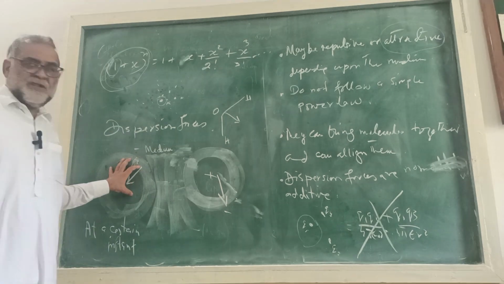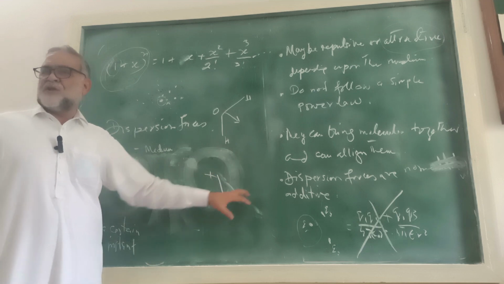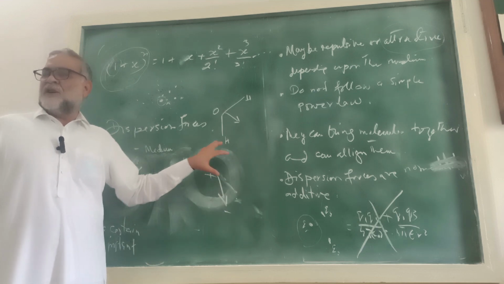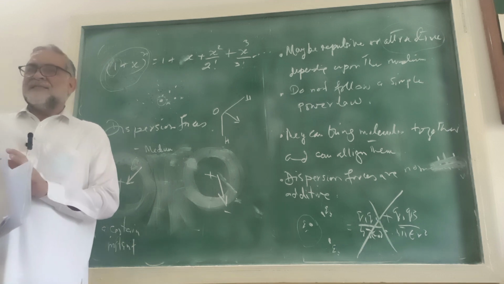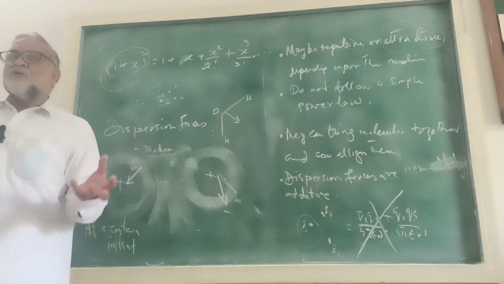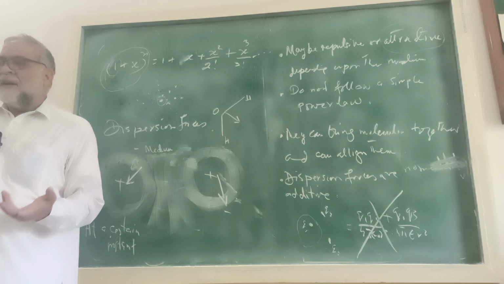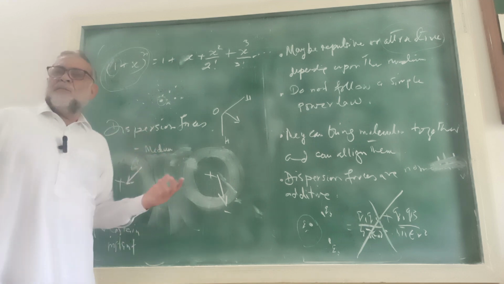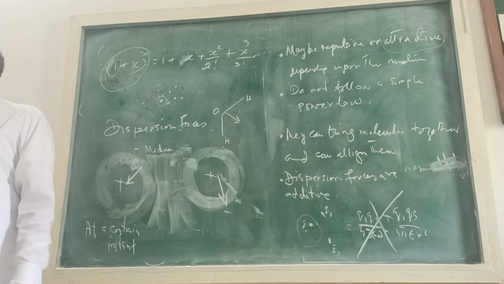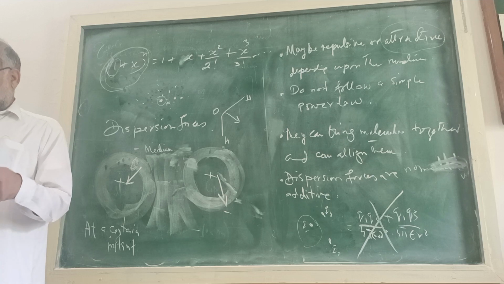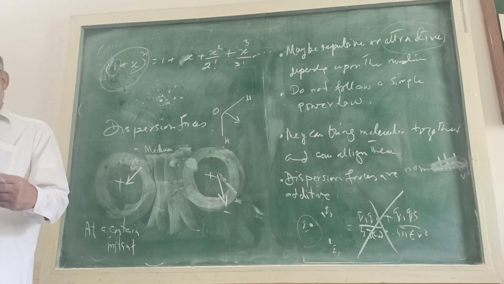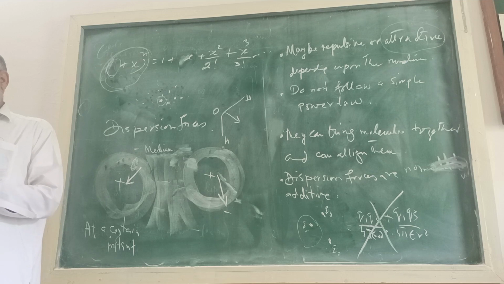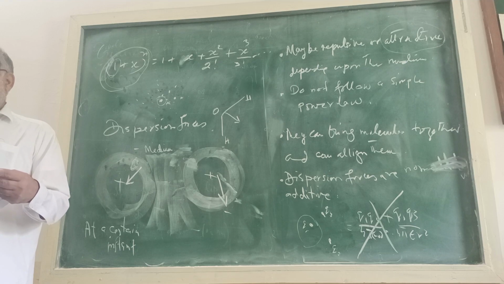We can say this disperses the spectrum of that, or that disperses the spectrum of this, and as a result there is a force, either repulsive or attractive, depending upon what is in between them. Let us study this. This is a long topic, so let us do it in our next lecture.